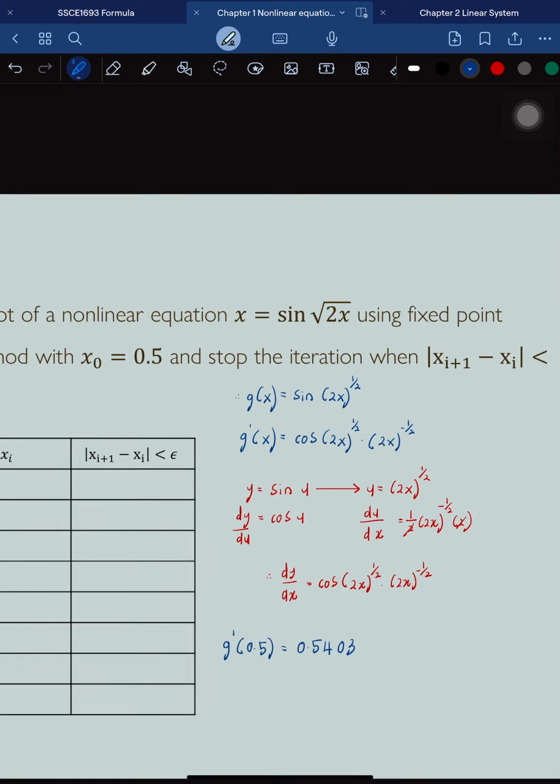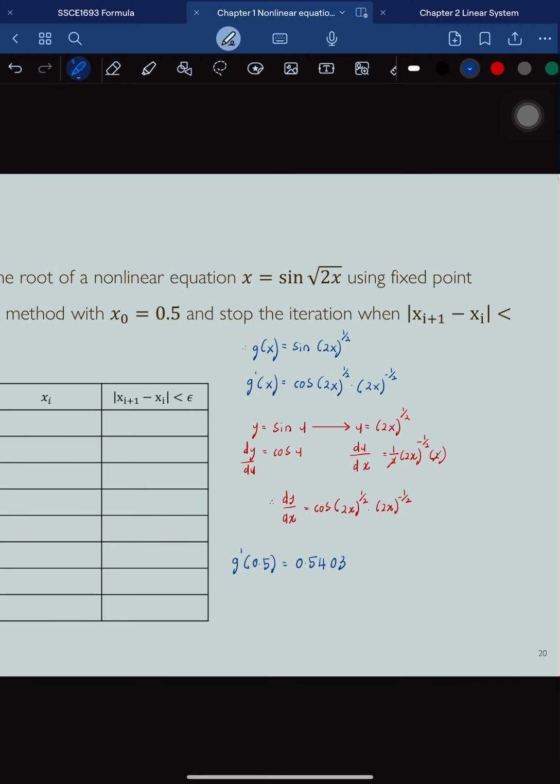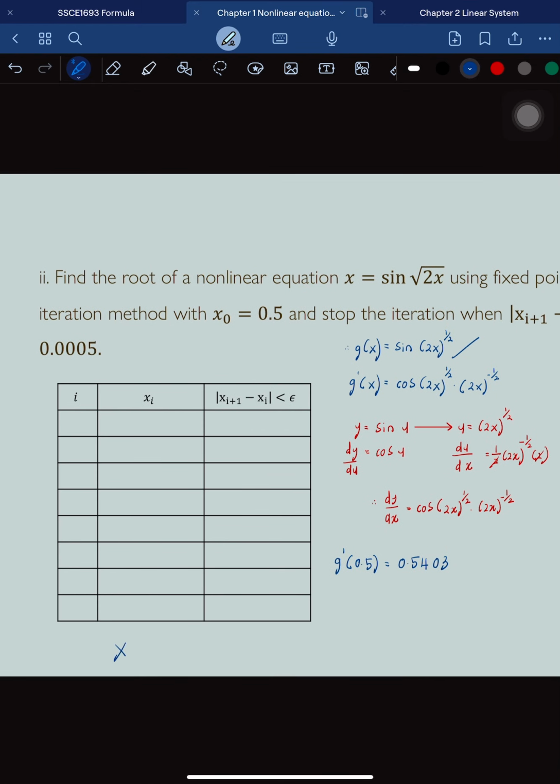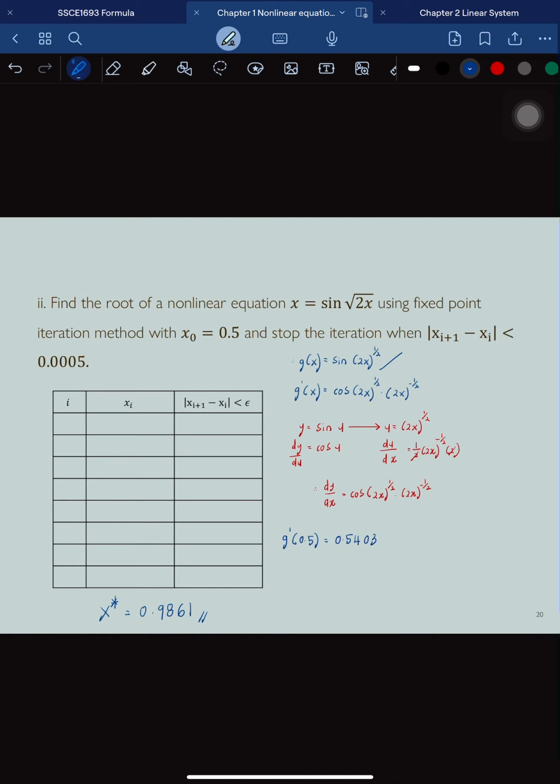So that is in range. This g can be accepted for your value of x. So maybe you can try. This is my answer, but you need to check. 0.9861. Later you try, okay? Right.